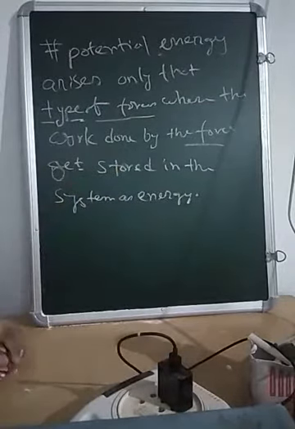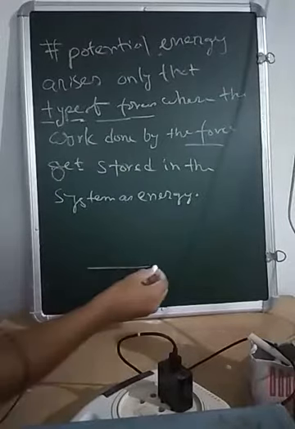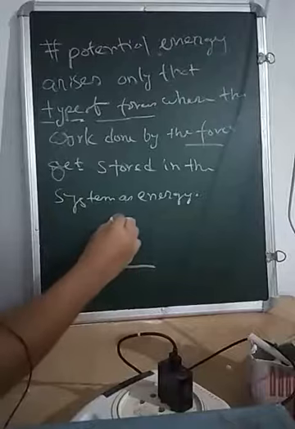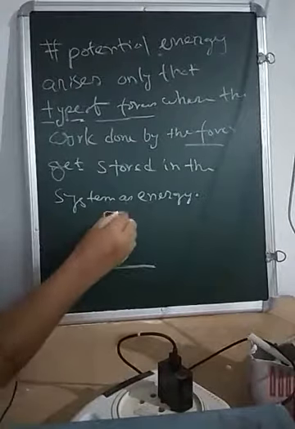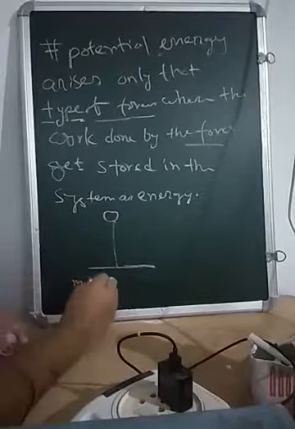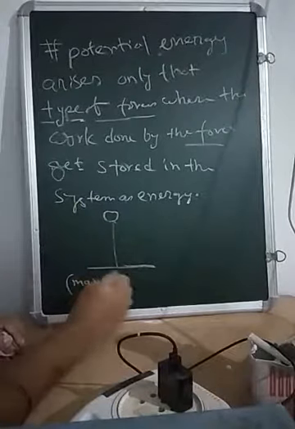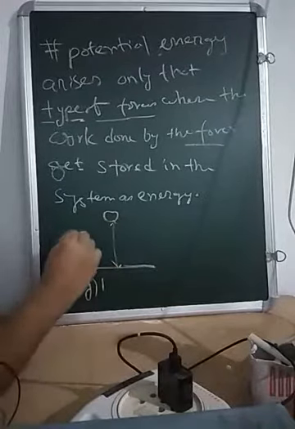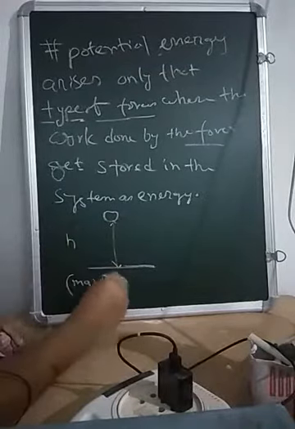Okay, see in the gravitational potential, when you lift the object, what happens? Work done by us is what? We do work against gravity, the gravitational force mg, and the distance covered is the height h.